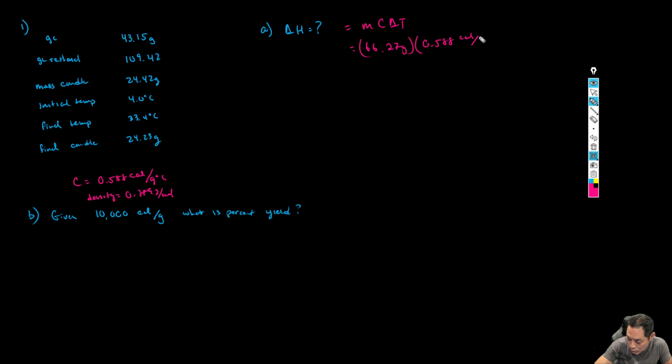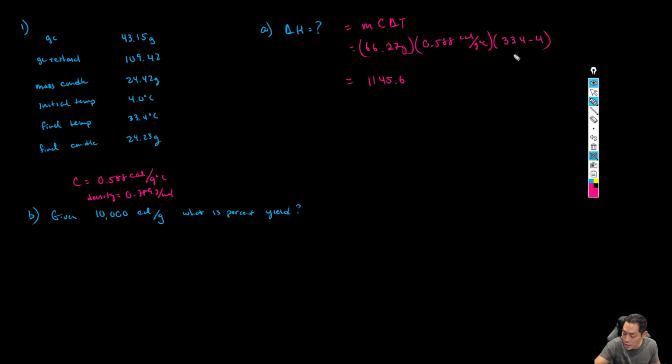The specific heat of ethanol is 0.588 calories per gram degree Celsius, and ethanol went from 4 to 33.4, so final minus initial. And this is how much heat was absorbed. So I just plug that into the calculator. 33.4 subtracted by 4, and I get 1145.6.